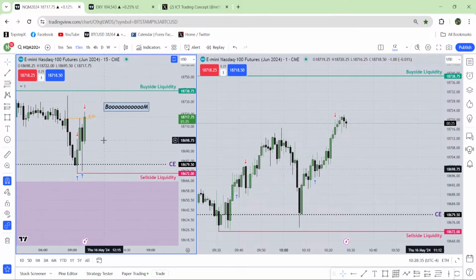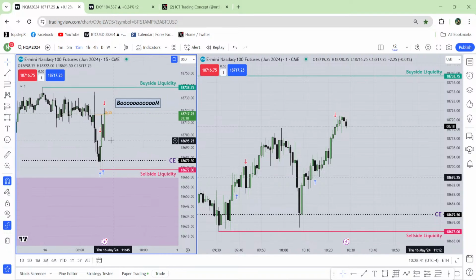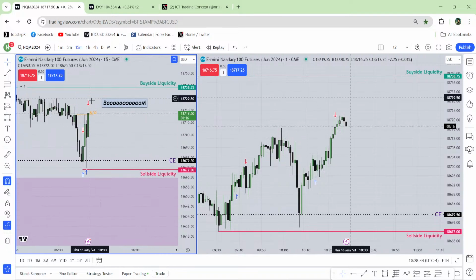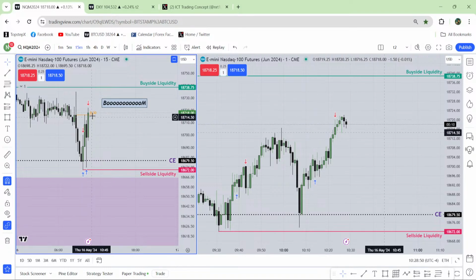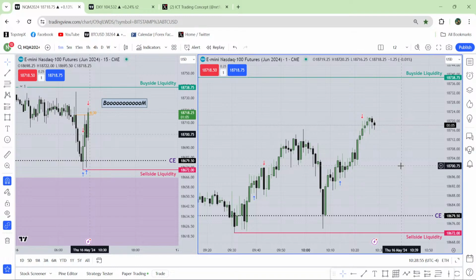So keep that in your mind. Why am I going to use that as a support? Because I know that the market is going for that buy side liquidity. That is why I would love to use that 8:30 as a support. At the same time, if it can make a bullish fair value gap over there from the 15 minute chart, it can trade the bullish fair value gap over there. So both of the things, keep that in your mind. We will see.